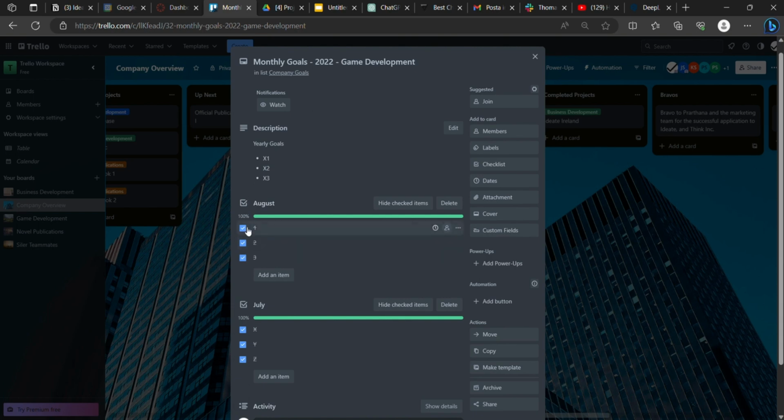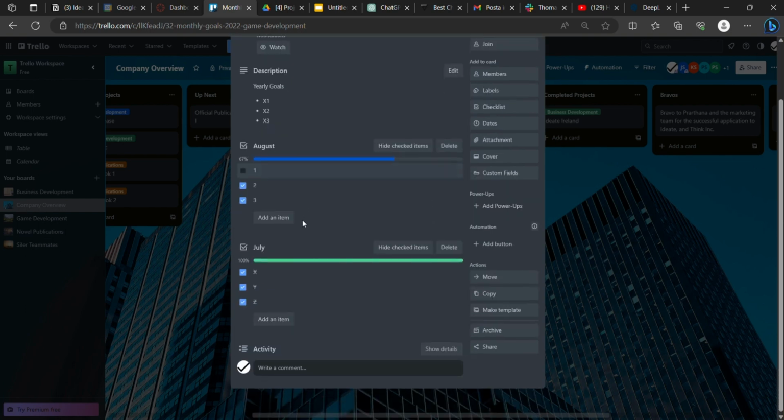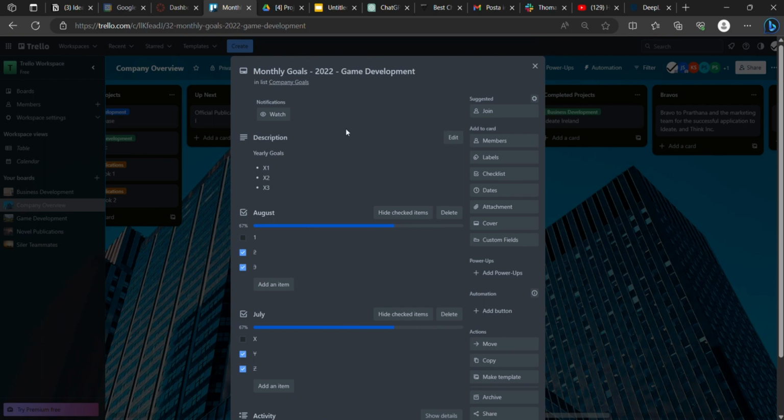So for example, I say that the yearly goal is x1, so the task in August to achieve the goal x1 is 1, and the task in July to achieve the goal x1 is x. So of course, monthly we will have some goals, and the combination of these goals will be the achievement of the final goal of the year.